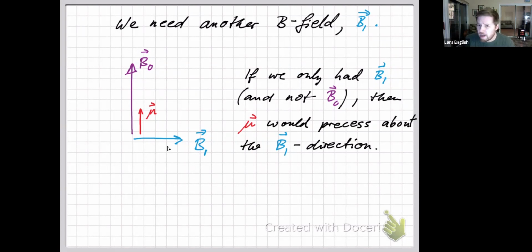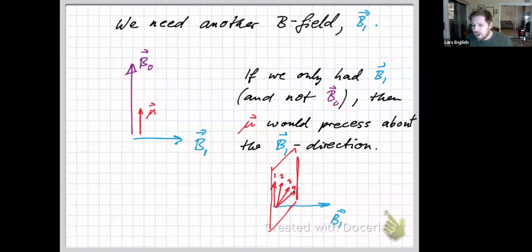So we should get some kind of precession, right? We should get this kind of evolution where initially the mu is pointing along the z direction, and then over time it precesses and eventually will point in the xy plane.